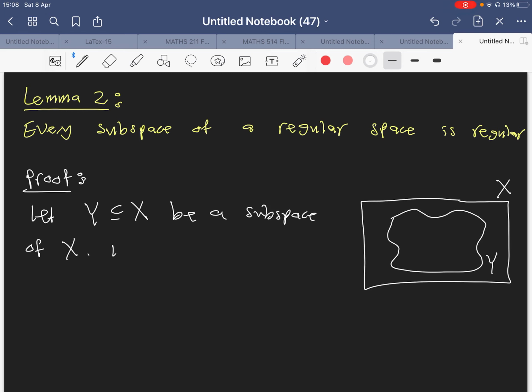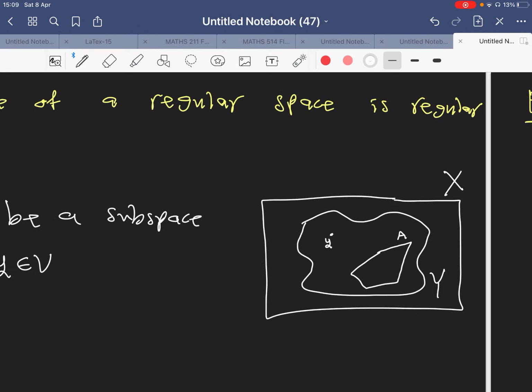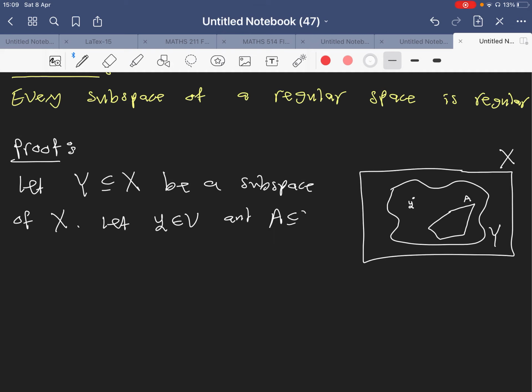We will take two things inside Y, because now my focus will be only inside Y. I will take one point y here, and another which is a closed subset, I will call it, maybe, A. I need to find two disjoint open sets in Y. So let y be in Y, and let A, a subset of Y, be a closed subset of Y.